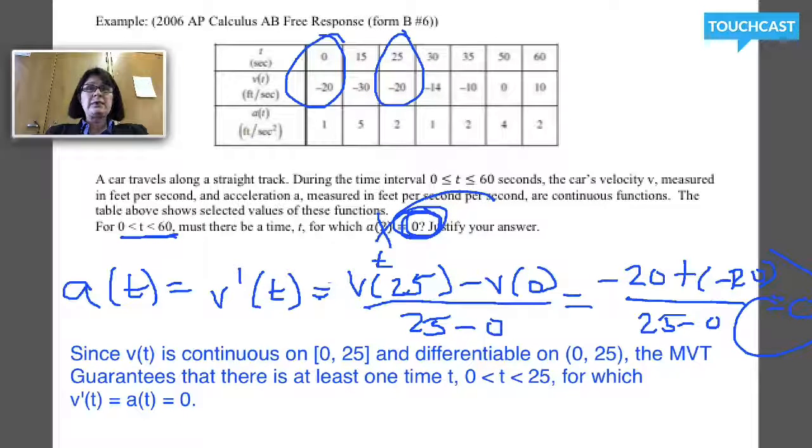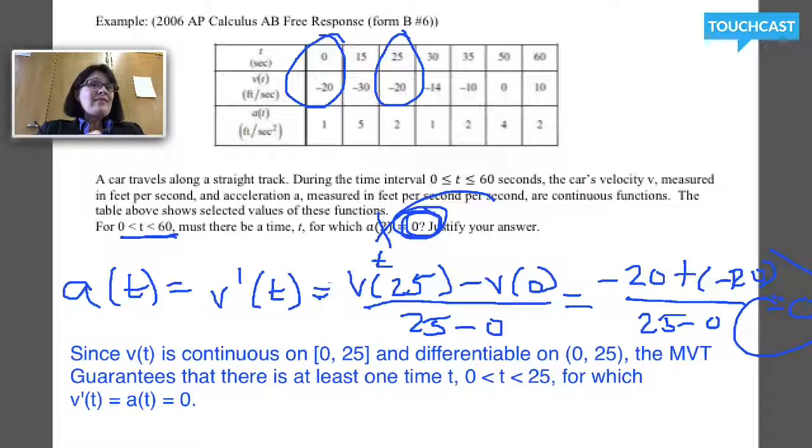Okay, so a couple things to notice. Some people get nervous giving this answer because they notice that the problem asked for the interval 0 to 60, and we've said that our answer is on the interval 0 to 25. Well, you have to use an A and B in your answer that actually gave the difference quotient, the average rate of change that you were supposed to find.